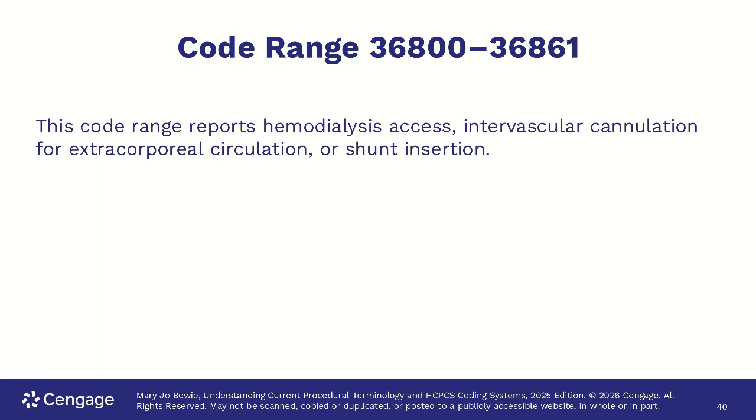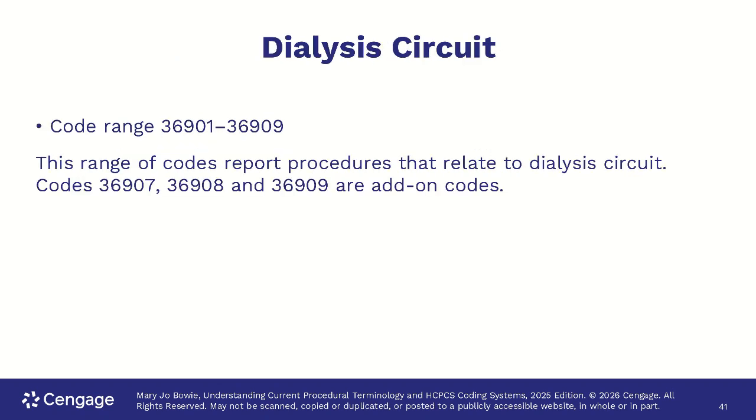So when patients have problems with their kidney, these are codes to get the access for that area. But they also include codes for intravascular cannulation and shunt insertion. All right, we are almost done because I am getting fatigued. Number 4 out of 5.